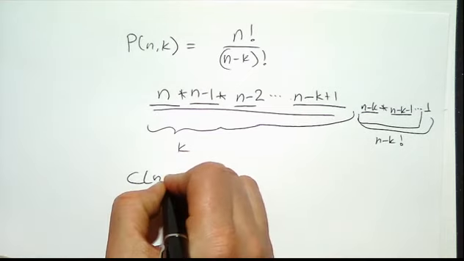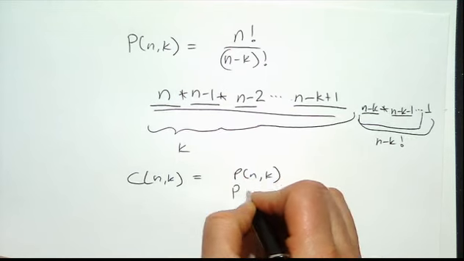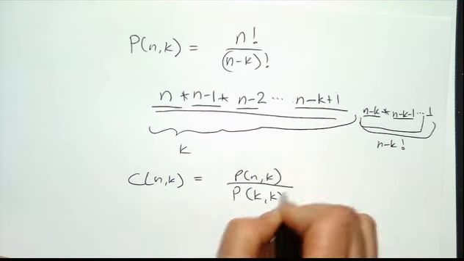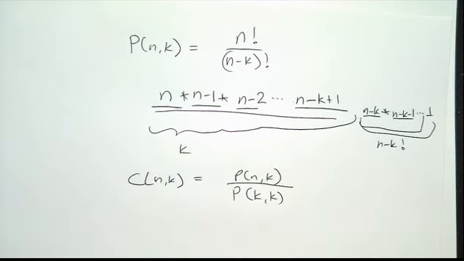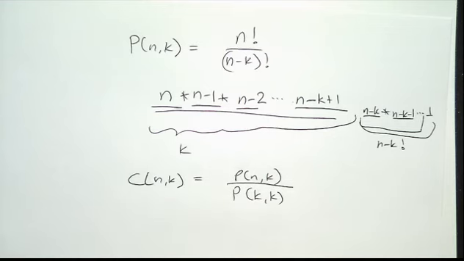So when you have C(n,k) in your calculator, it's going to be equal to P(n,k) divided by P(k,k). So it's P(n,k) because I actually choose k things in order. And then I divide by the ways of reordering k things.